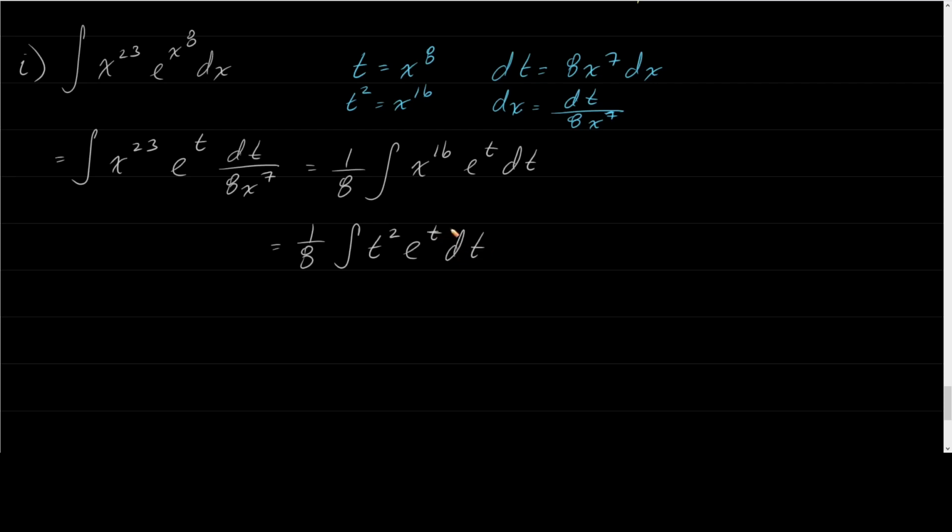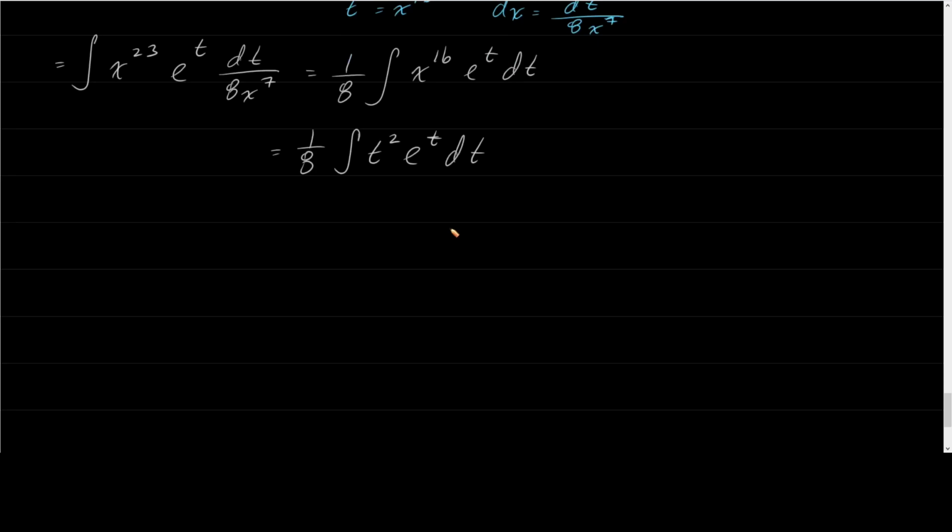All right, and that is now an integration by parts problem. As it was written originally, it would not have been an integration by parts problem, and the reason for that is because we have that e to the x to the 8th. So what we did was we manipulated it a little bit.